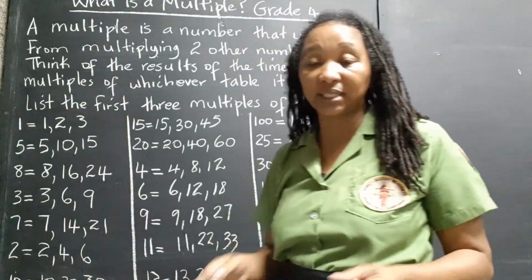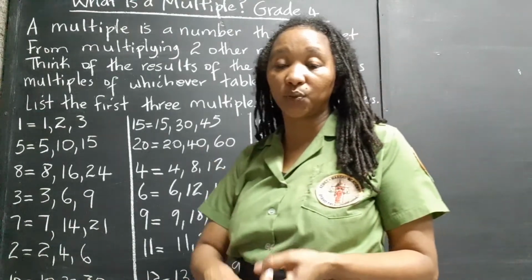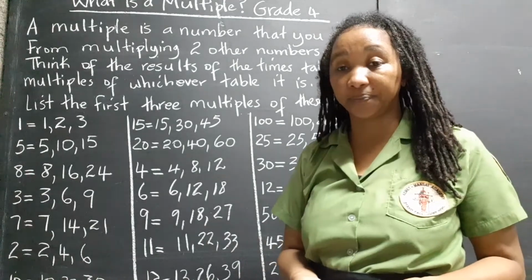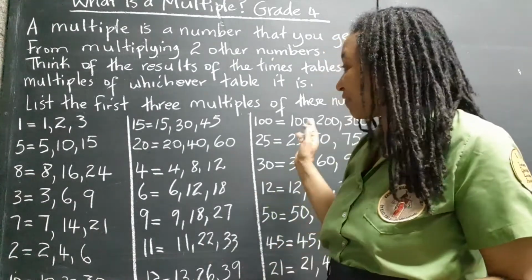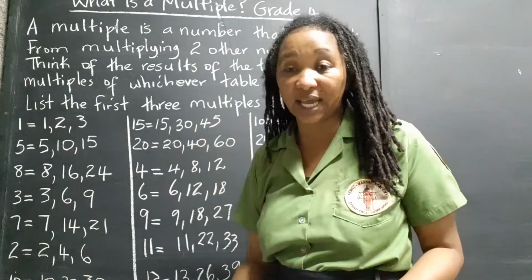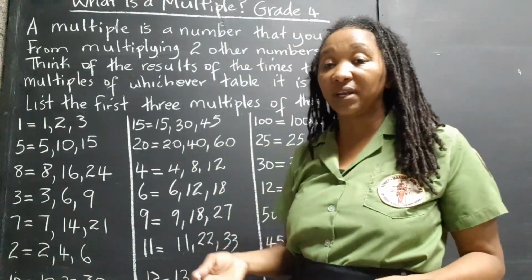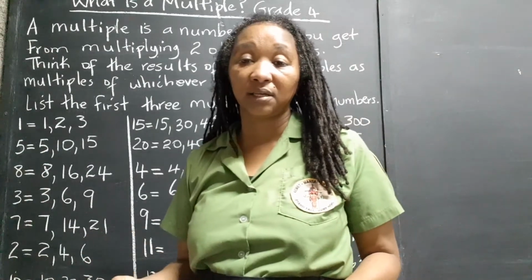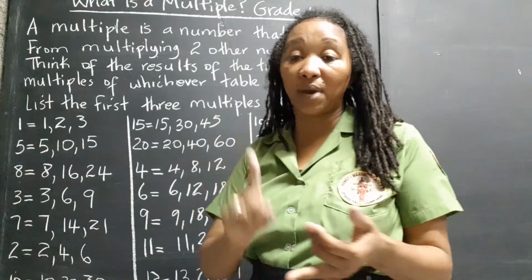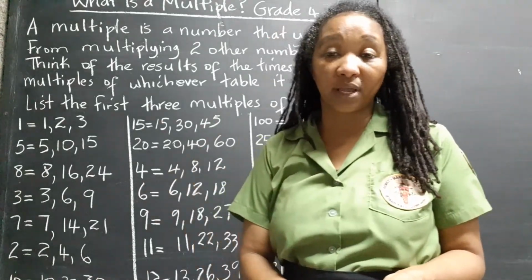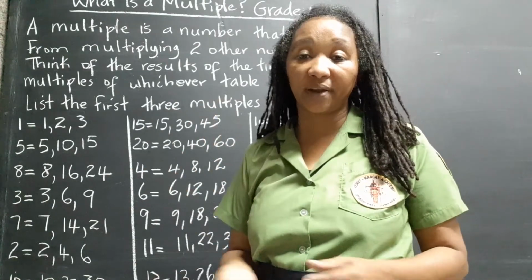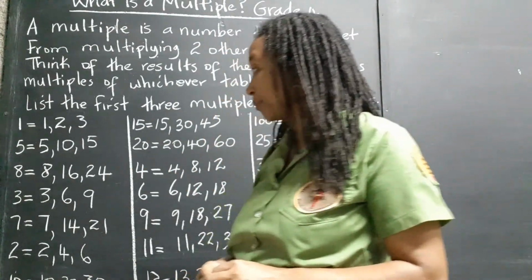All those results, the 9, the 18, the 27, the 36, those are all multiples of 9. And if they're asking for the first 3 or the first 5 or the first 10 multiples, you're giving them the first results of the times table. You multiply the number by 1, multiply it by 2, multiply it by 3, whichever number of multiples they want, that's what they're expecting you to do, right?